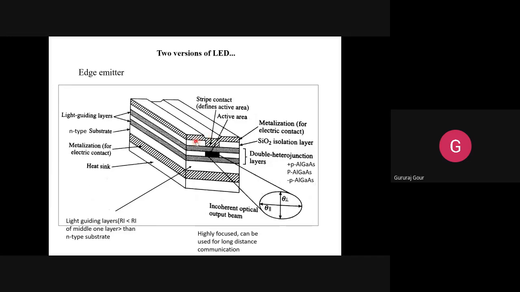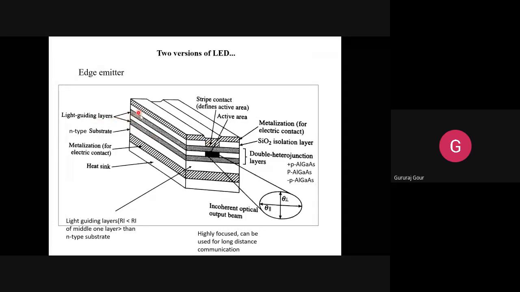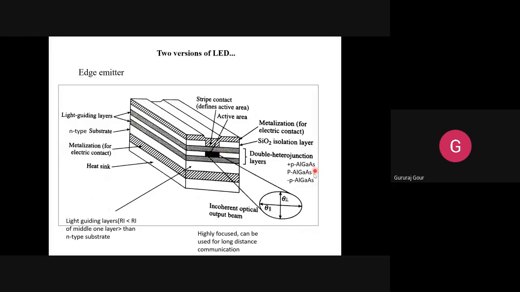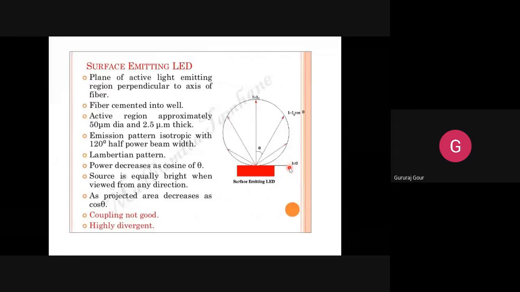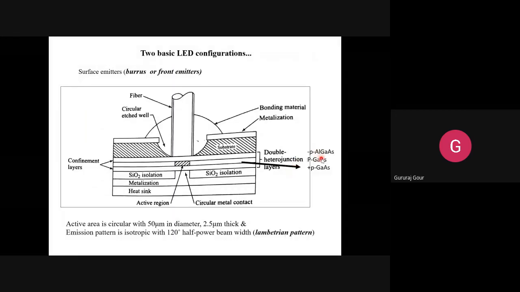So the edge emitter, again this is a side view. You can see again the light guiding layers, which are made up of... So don't confuse between these three layers. Their composition is different. Sorry.